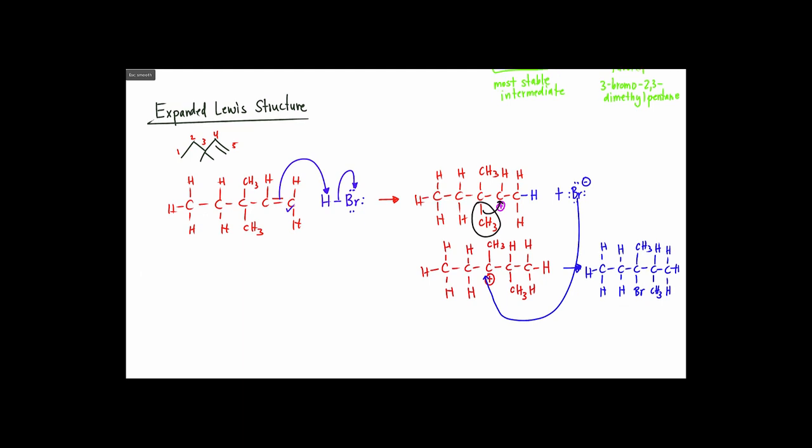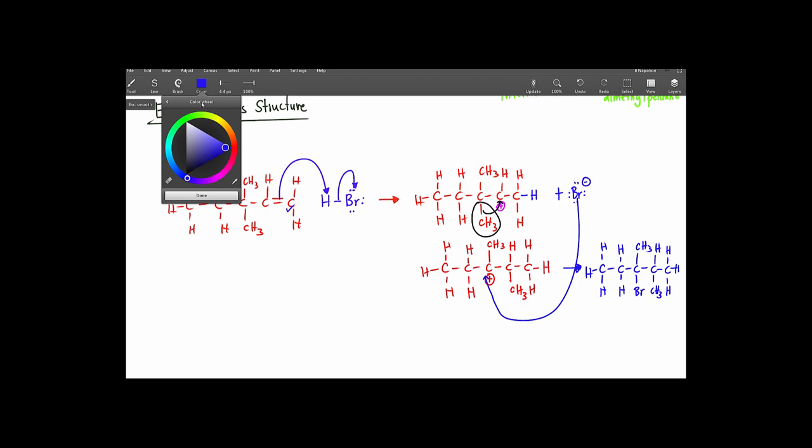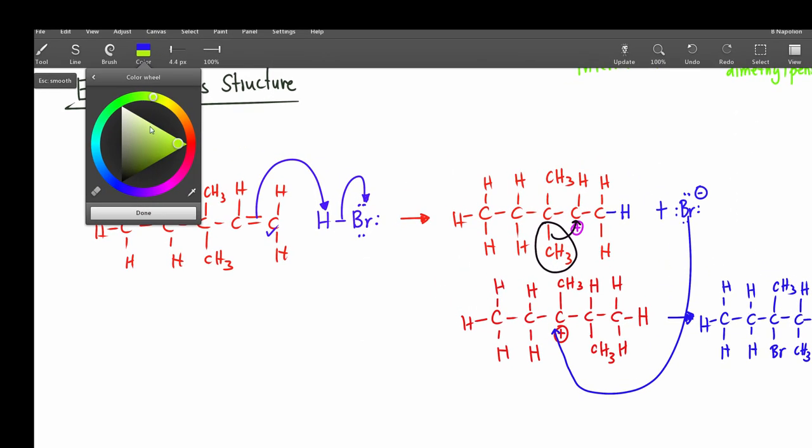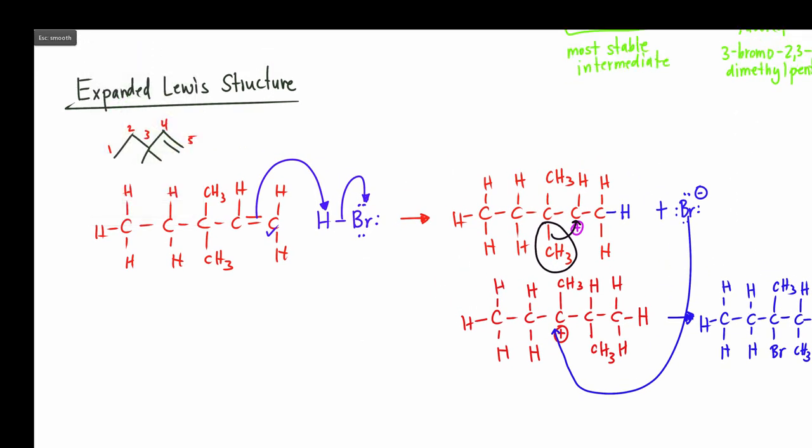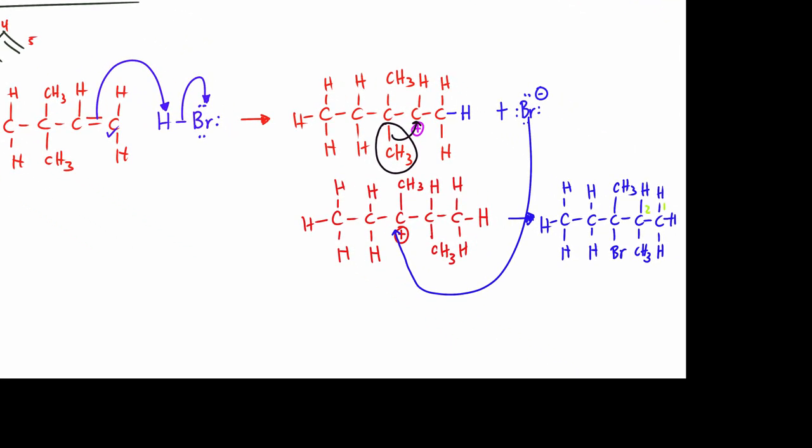If I number this for naming purposes, 1, 2, 3, 4, 5, again that's 3-bromo-2,3-dimethylpentane.